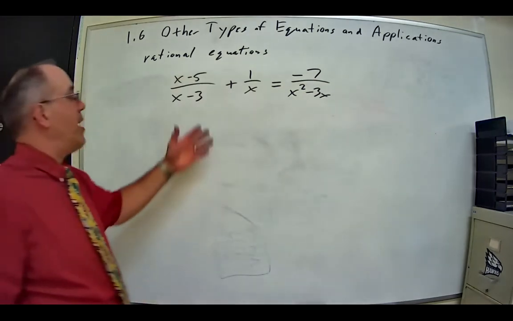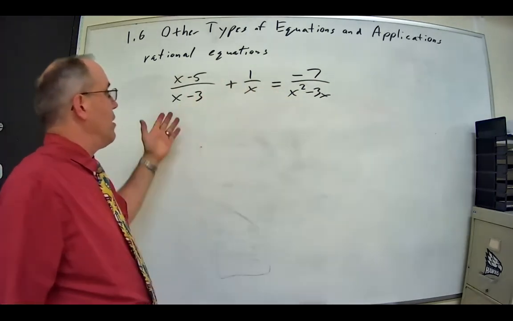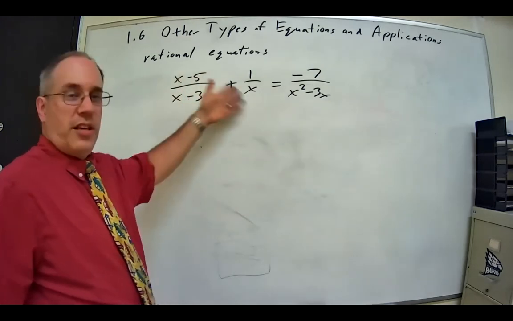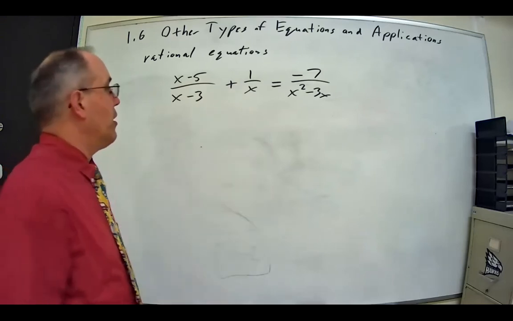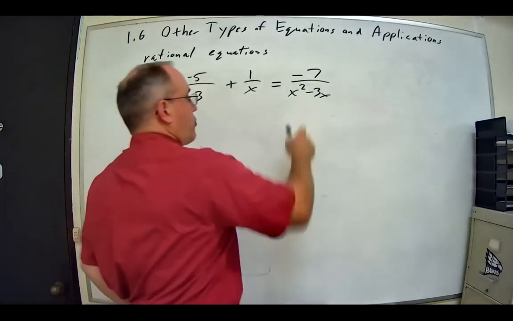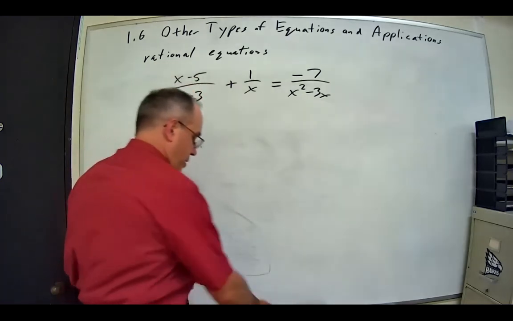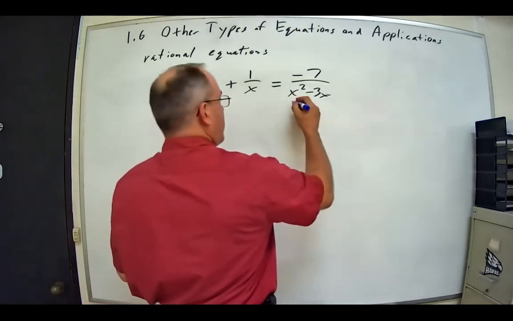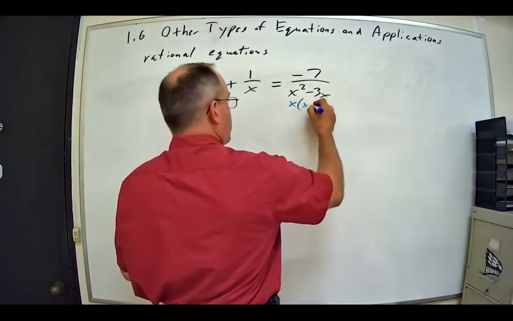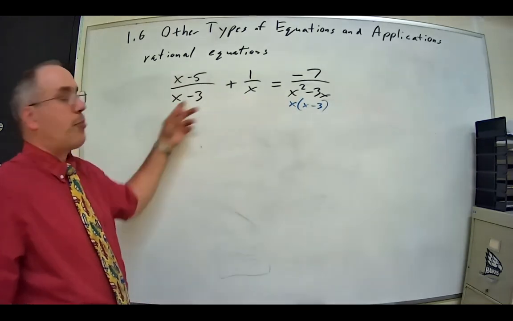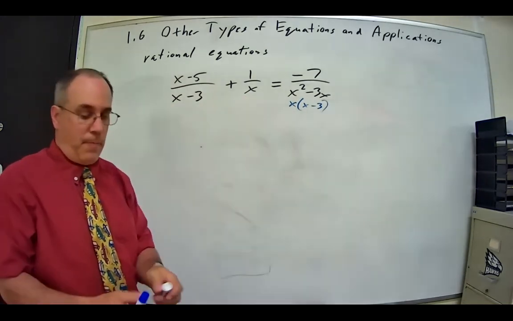Okay, so again, we have our rational equation here. We want to see what's the least common denominator. I see x minus 3, x, and this x squared minus 3x. You may recognize that if you factor that, you get x times x minus 3.